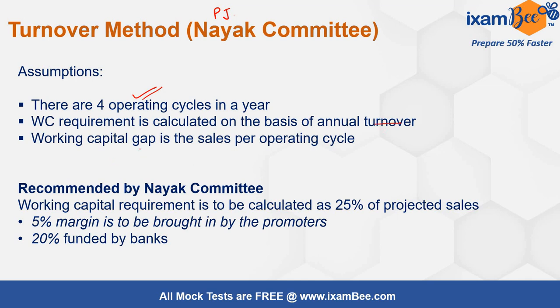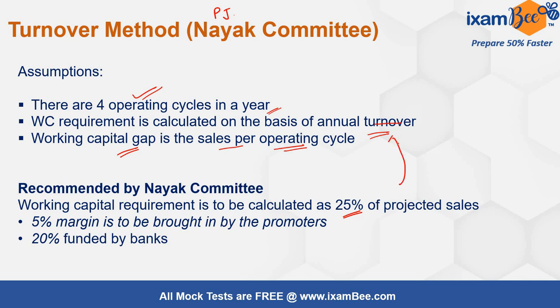As per this method, the working capital requirement which a company has is dependent on the sales per operating cycle. If we know the annual turnover and assume 4 operating cycles in a year, as per the committee the working capital requirement for a company is approximately 25% of the projected sales.